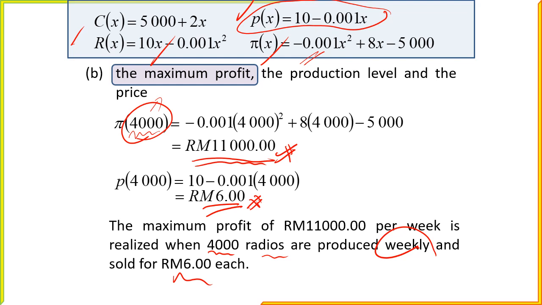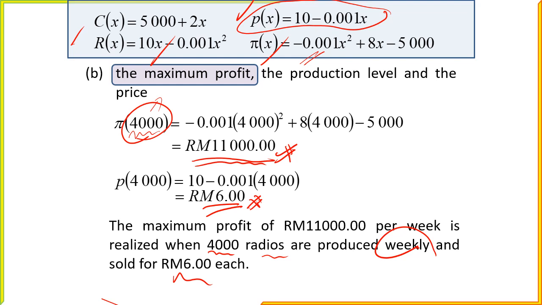Okay, so everything here is related to profit. So what is the best for our business, the maximum profit or the maximum revenue? If we see question A, we need to sell 5,000 radios in order to get the maximum revenue.